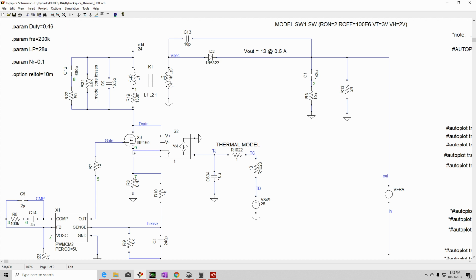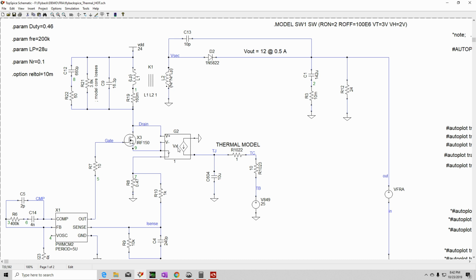Okay, so this theta JC says that this J is going to be on the left side, that's the junction, and this C is going to be the case. Okay, so that node is there.